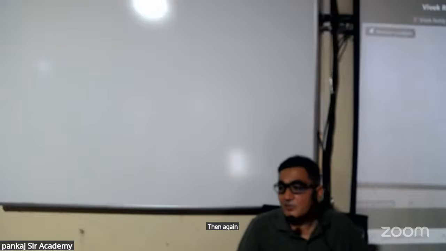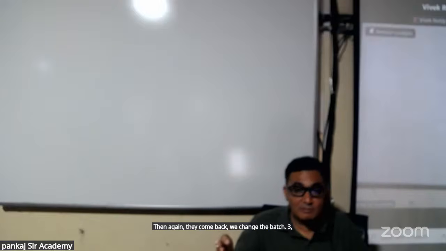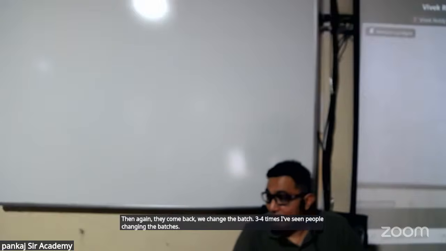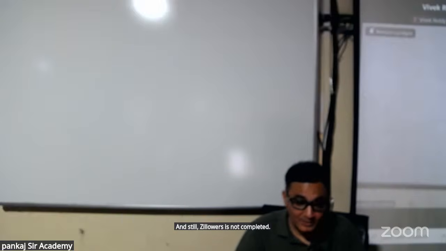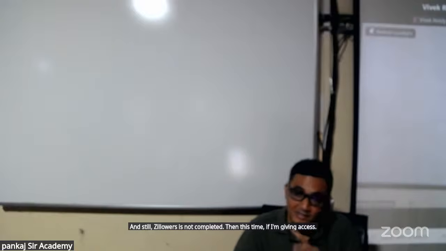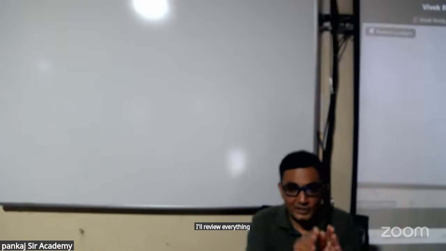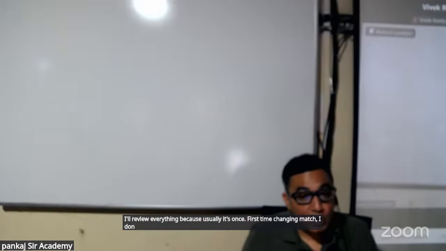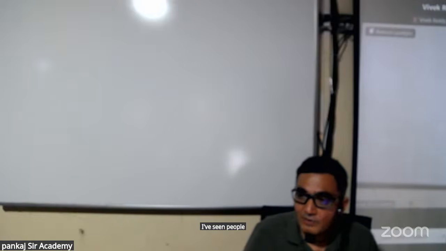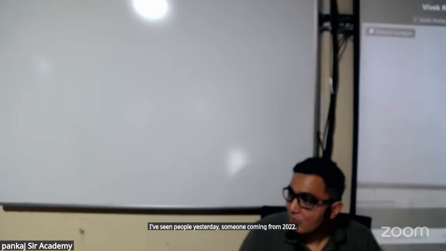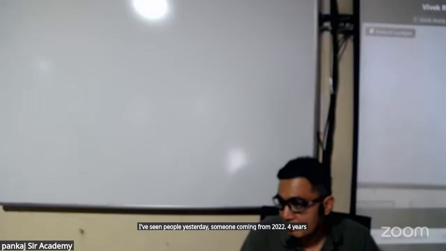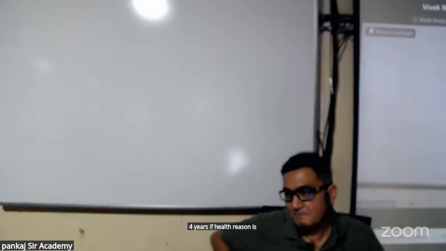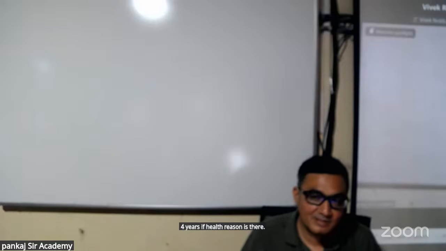Then again they come back, we change the batch. 3-4 times I've seen people changing batches and still the syllabus is not completed. Then this time, if I'm giving access, I'll review everything. Because usually it's once, the first time changing batch, I don't mind. Yesterday, someone came from 2022, 4 years, did not complete the course. He says health reason. 4 years, if health reason is there, how can the person be alive?